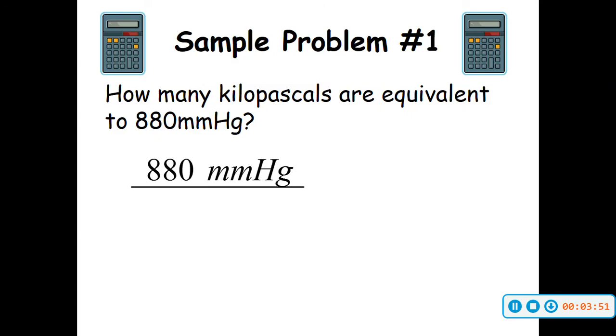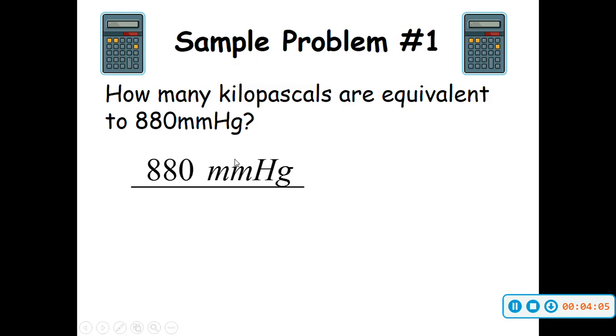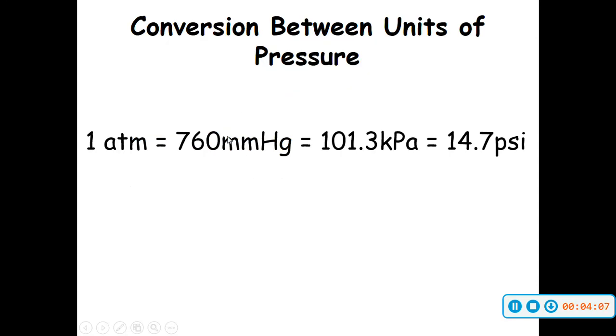We have 880 millimeters of mercury, that's our given. We would have to take a look at our conversion factors. If we are given millimeters of mercury and asked to look for kilopascals, this is going to be our conversion: 760 millimeters of mercury is equal to 101.3 kilopascals.